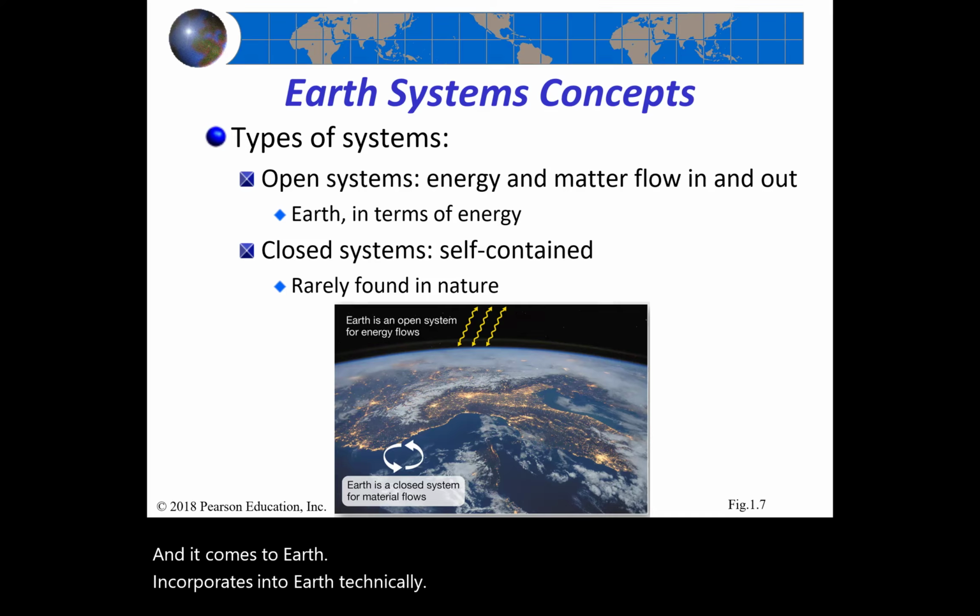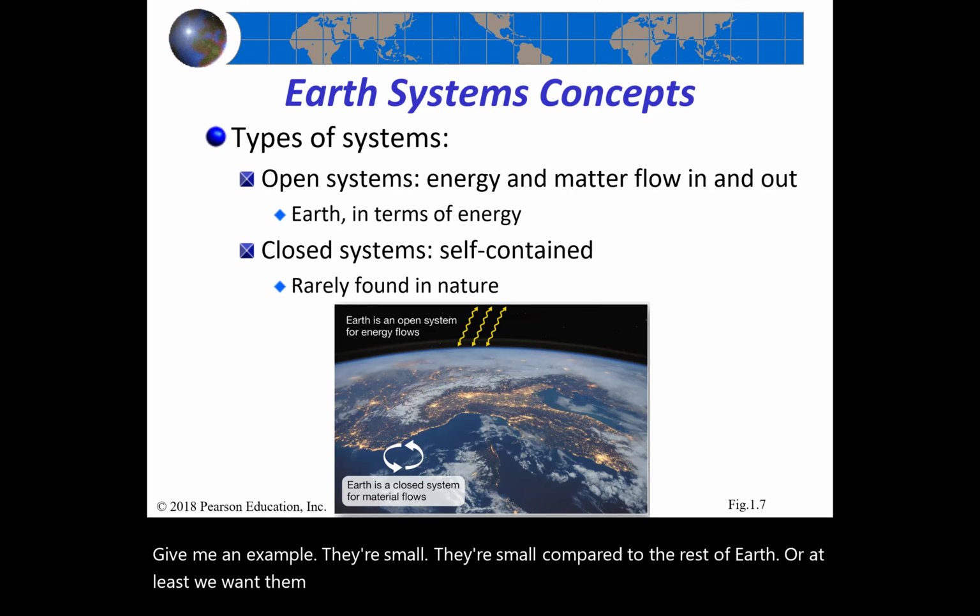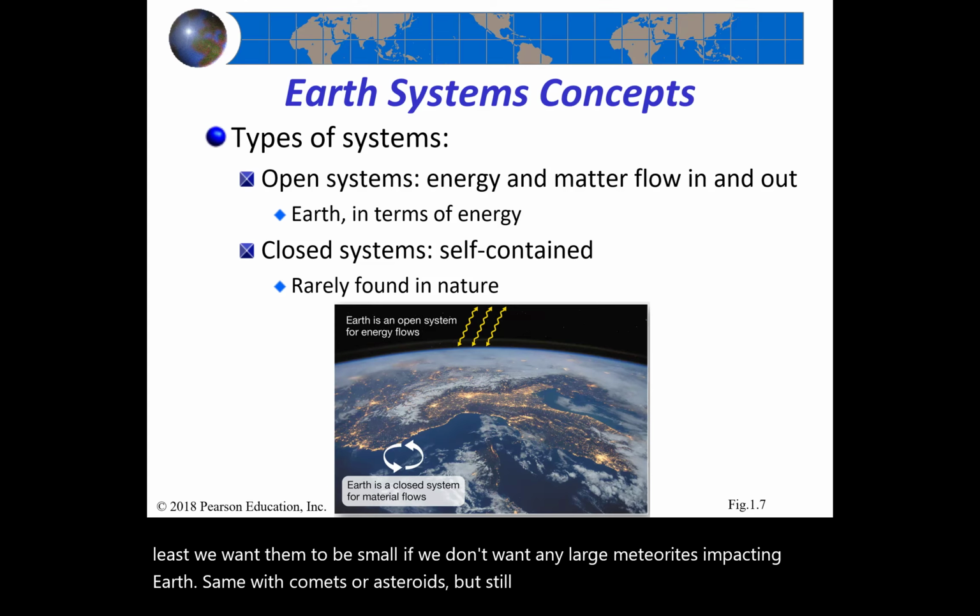Meteorites can be an example. They're small compared to the rest of Earth, or at least we want them to be small. We don't want any large meteorites impacting Earth. Same with comets or asteroids. But still, technically speaking, that is matter coming into Earth.